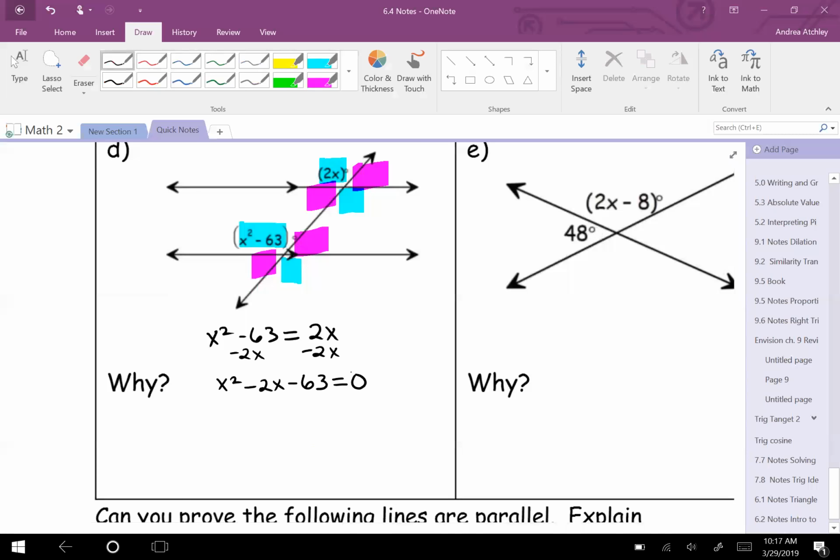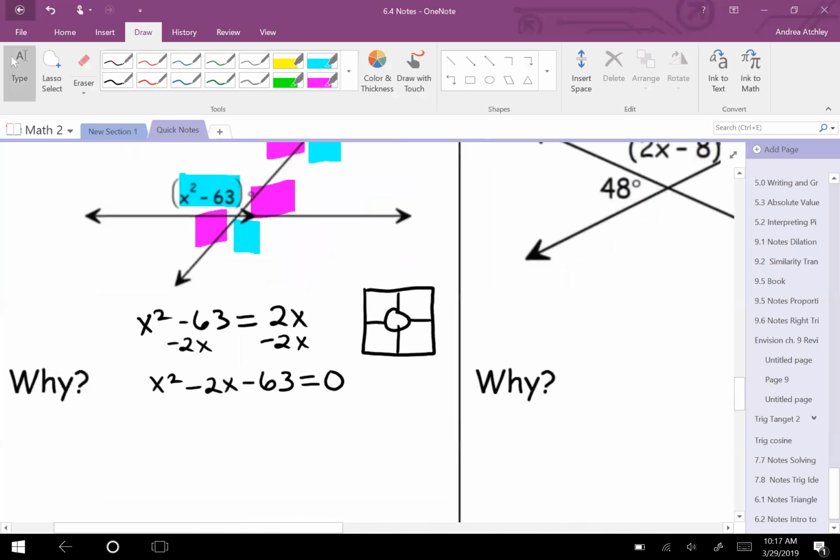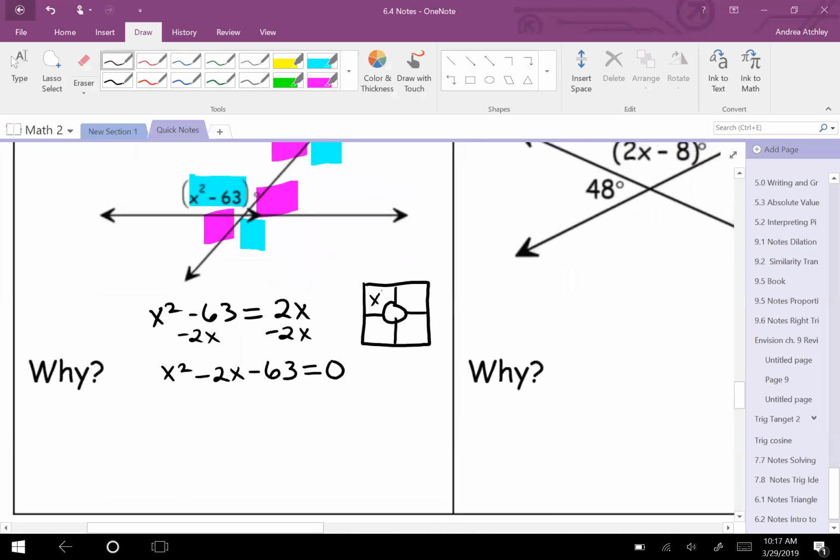Now I'm going to factor. Okay, so this is x squared, this is negative 2x, and this is negative 63. However you know how to factor, you factor. Okay, because you do it differently than I do, and that's okay.